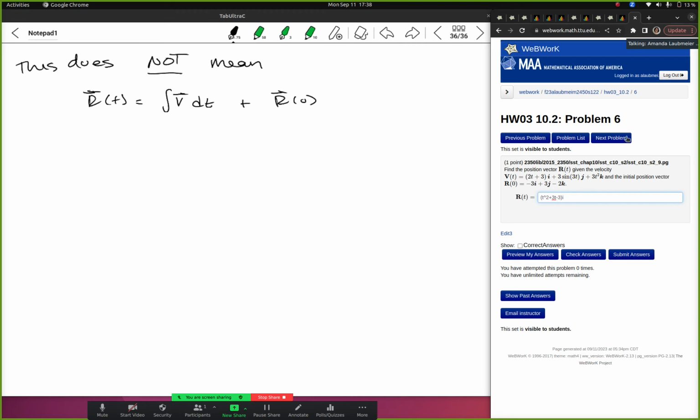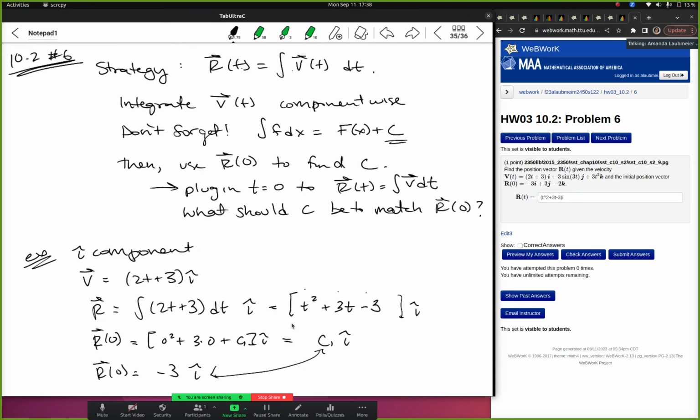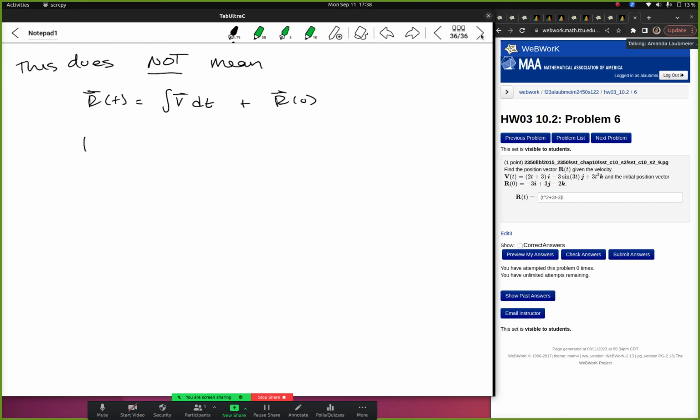So for my i hat component, that would work. I actually get minus 3 for my constant, and it's the same as what's in r of 0. But that's only because when I plug in t equals 0 to r here, I got 0. So that only works if your integral evaluated at 0 is 0.